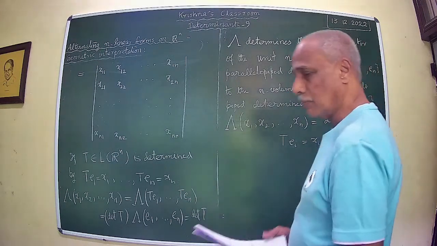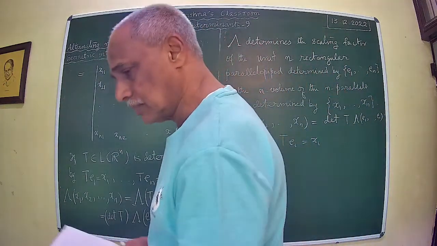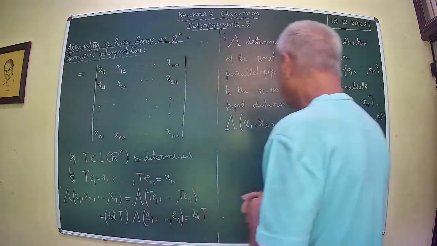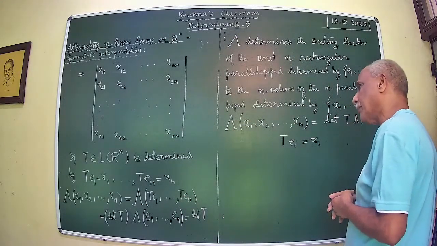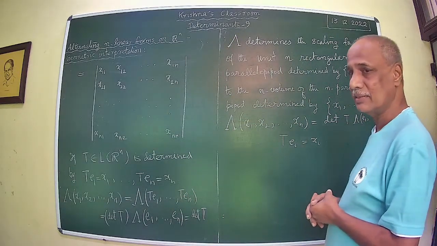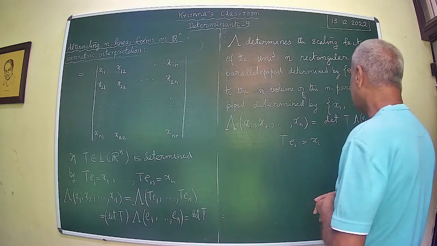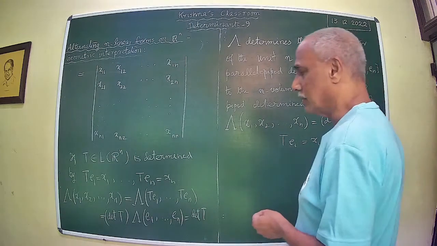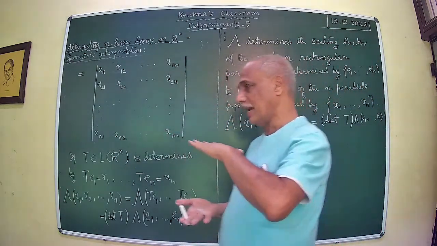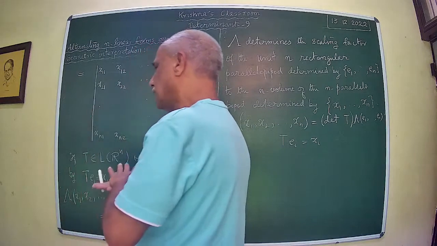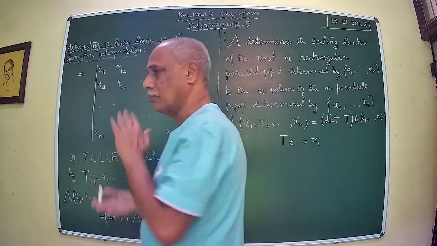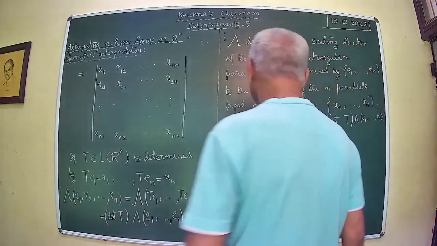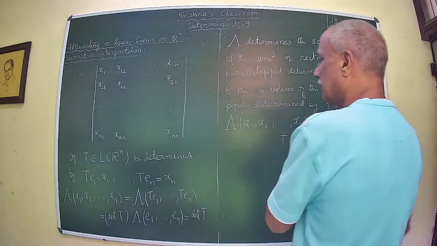Once again, the remark holds that if these vectors are linearly dependent, then the determinant of T is 0.